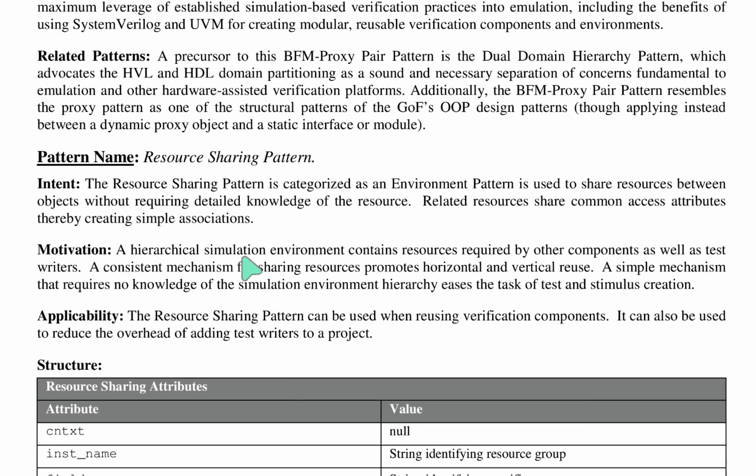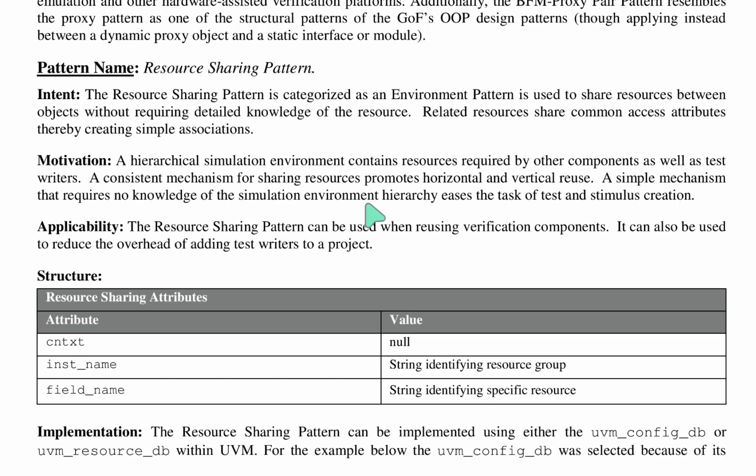Motivation: a hierarchical simulation environment contains resources required by other components as well as test writers. A consensus mechanism for sharing resources promotes horizontal and vertical reuse. A simple mechanism that requires no knowledge of the simulation environment hierarchy eases the task of test and stimulus creation.